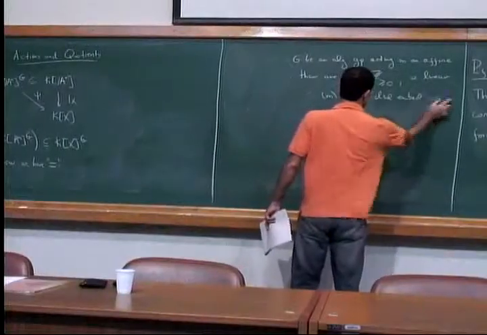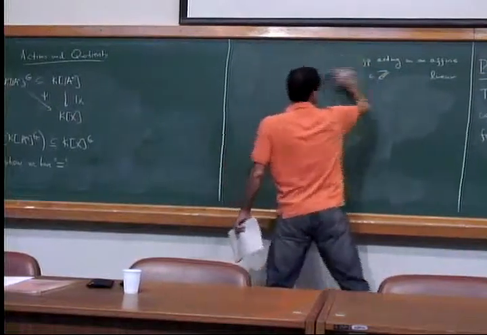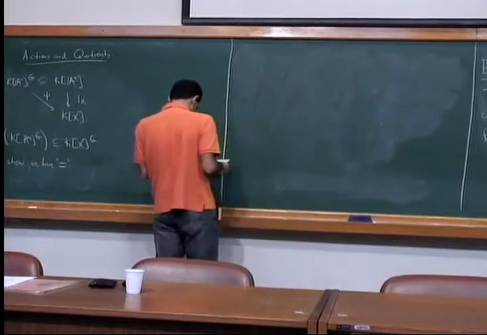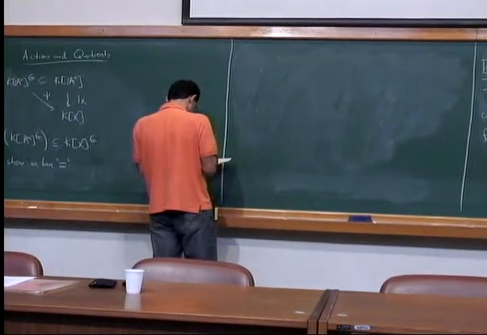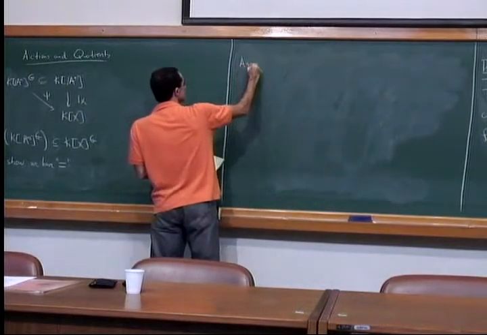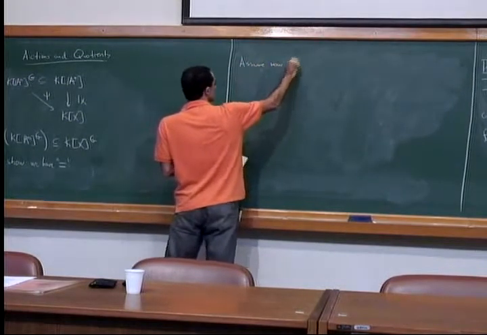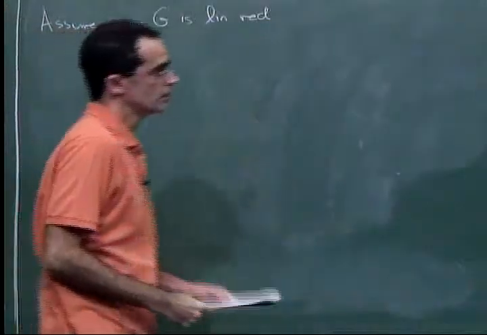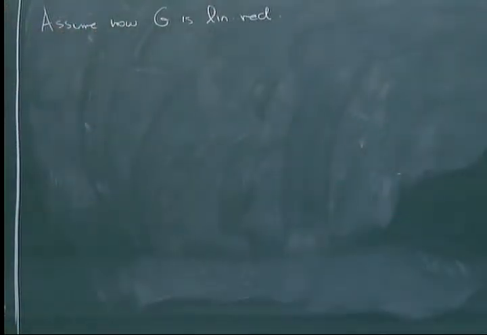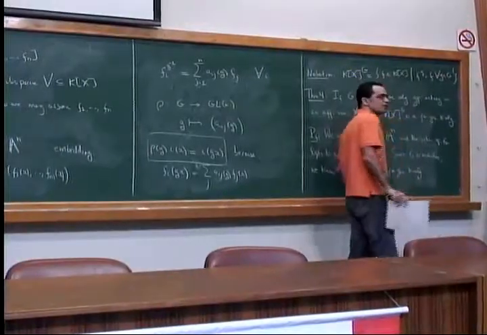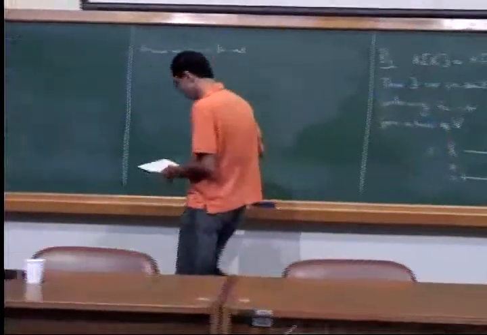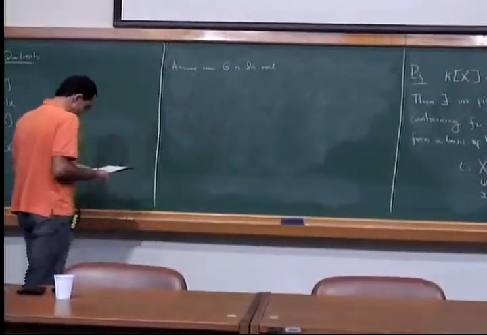But just in the special case where G is linearly reductive. So I'm going to use some properties of linearly reductive groups. So assume now G is linearly reductive. As I mentioned, I'm going to state everything for reductive groups, when it's valid, of course. But in the proofs, sometimes I'm going to assume that you have linearly reductive, to simplify it.